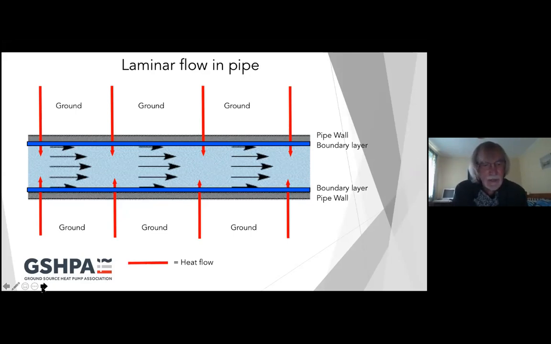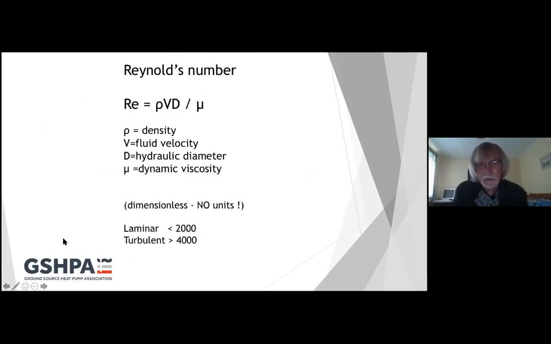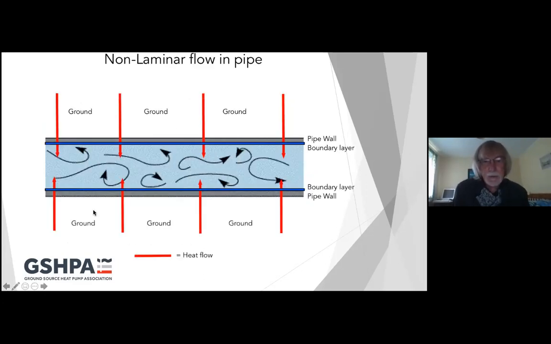So one way of changing that is you move to non-laminar flow. It's not necessarily fully turbulent, but it's non-laminar. The streamlined flow is now being disrupted, and turbulent flow will reduce the effect of this boundary layer here.